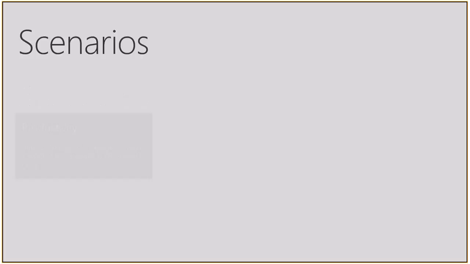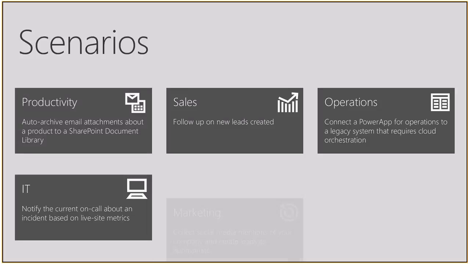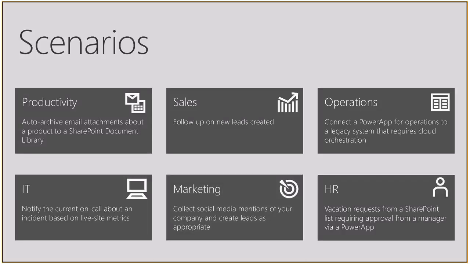Some of the scenarios where Flow can be used are highlighted in this slide. Let me go through one or two of these scenarios. In case of productivity, you may want to archive email attachments about a particular product in a SharePoint document. For example, in your ERP you want to block a particular item.